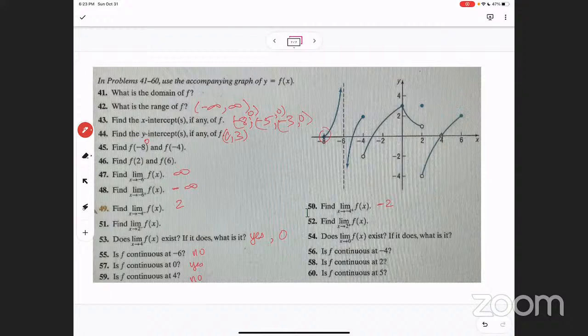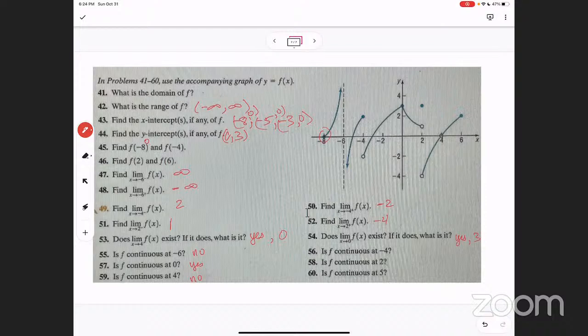Then it was asking about the limit as x goes to 2 from the right and the left. From the left, it's 1. From the right, it's -4. Does the limit as x goes to 0 exist? Yes. It's 3. Is f continuous at -4?